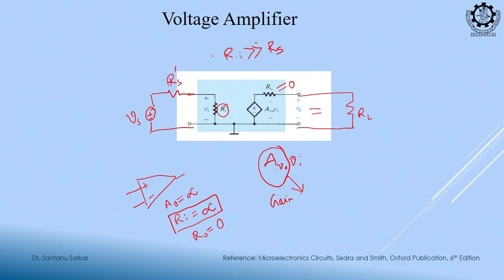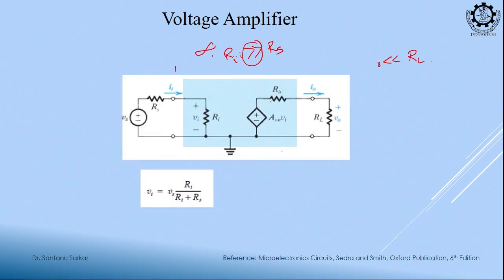That is why this condition, how much larger depends on our accuracy requirement. Similarly, this R0 should be much less than RL, and ideally we are terming this as 0, and ideally we are terming this as infinite, clear.